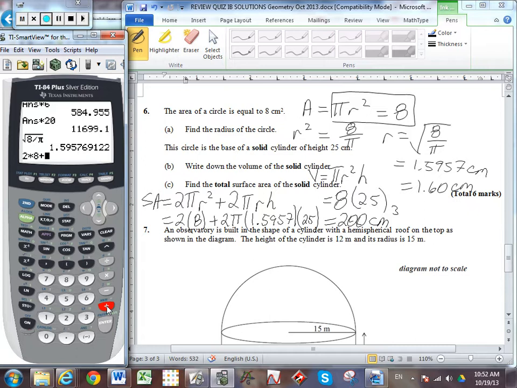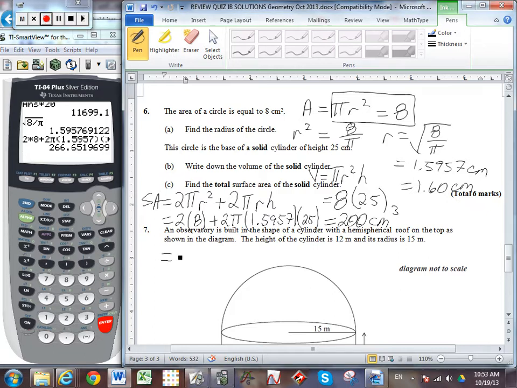And now the curved surface around the outside is 2 pi times the radius, which is 1.5957, times 25, the height. And we get a total of 266.65, and as you can probably guess, I'm going to round that to 3 significant figures, 267, and because it's a surface area, that's centimeters squared.